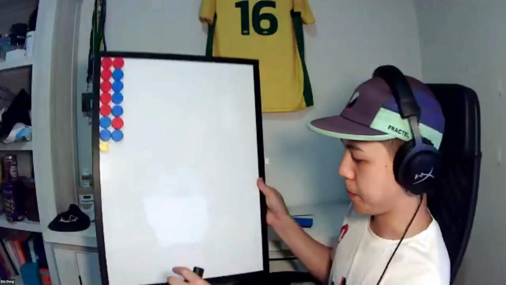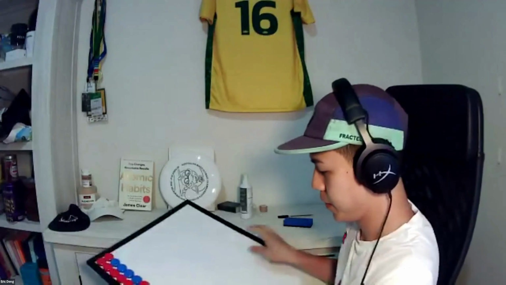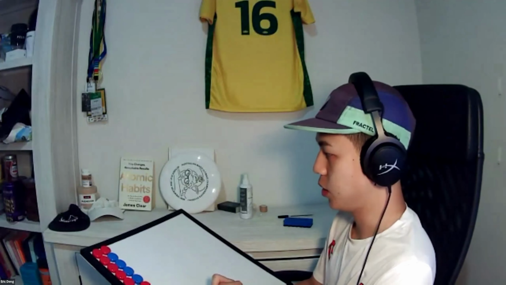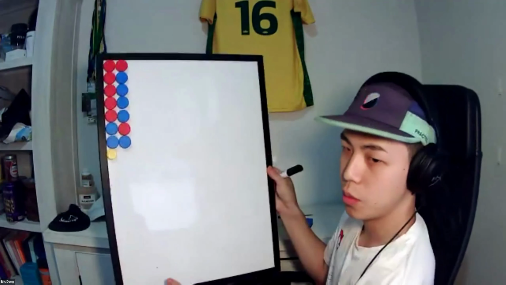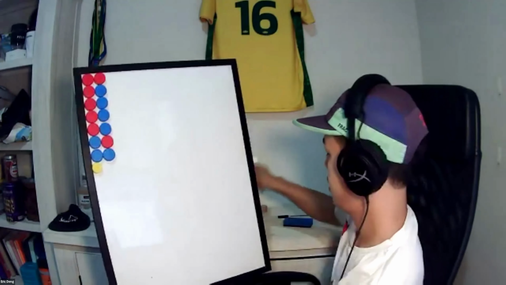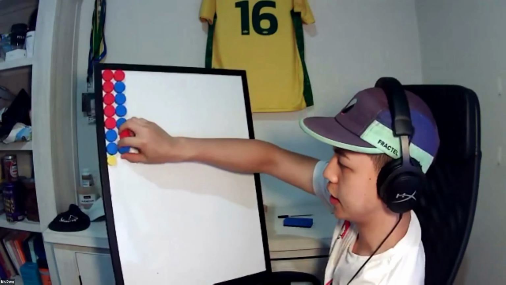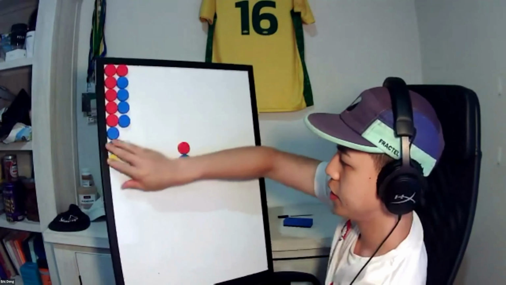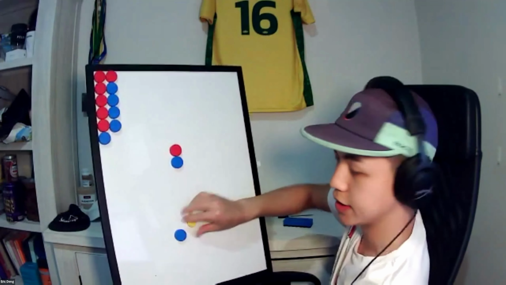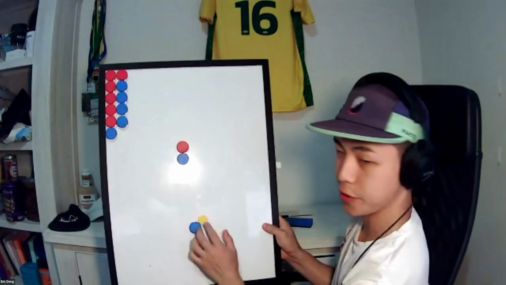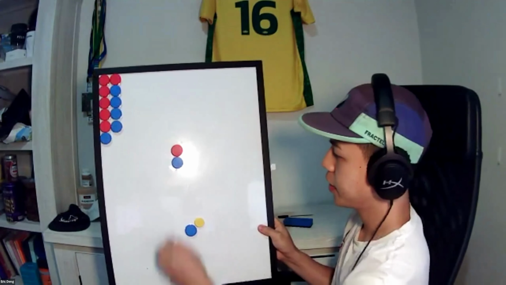Any questions before we start? Nope. Cool. So the first one is whenever we're defending a player and we're on the inside shoulder. Okay. So let's say we have a disc here in the middle of the field, yellow disc, right?